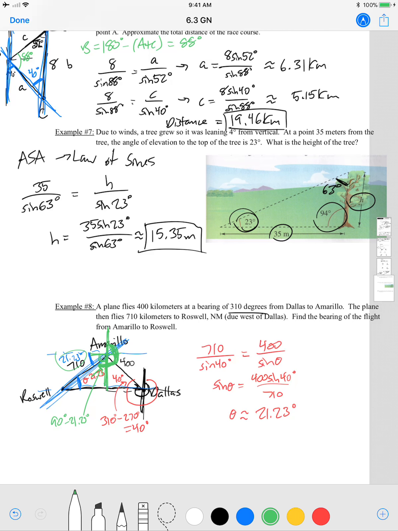So 90 minus 21.23 is going to give me 68.77. So the bearing is going to be 180 plus 68.77 degrees, 248.77 degrees from Amarillo to Roswell.